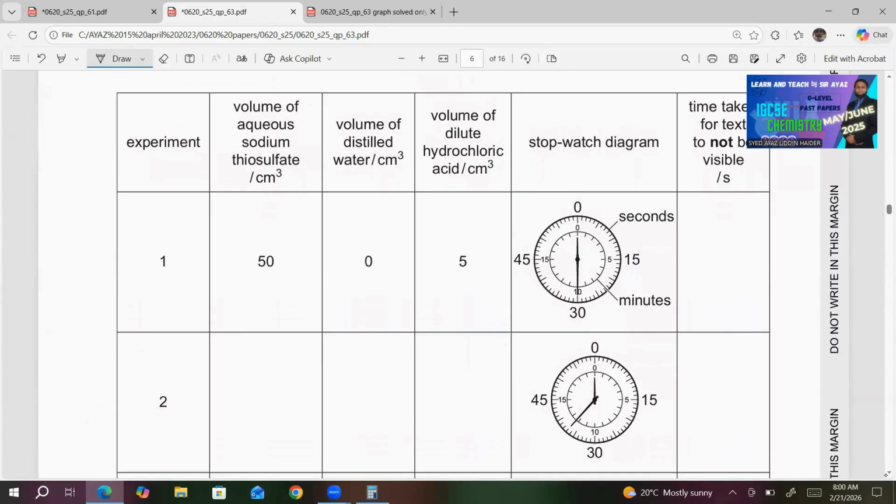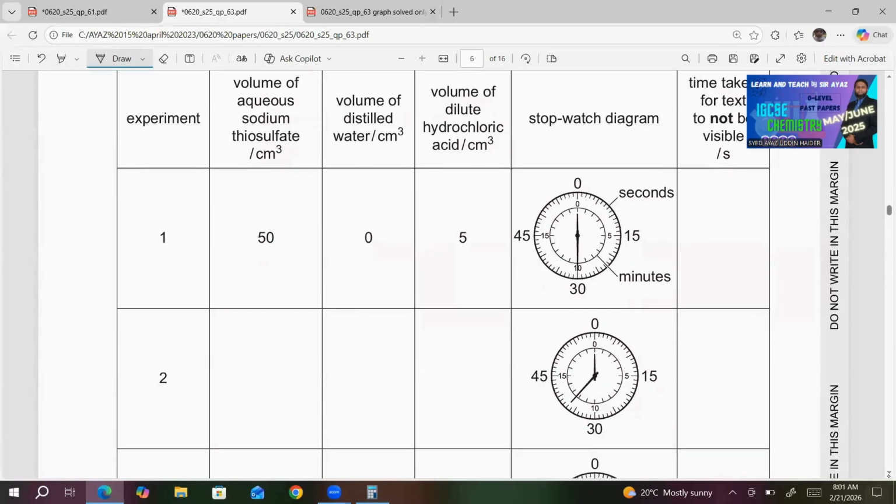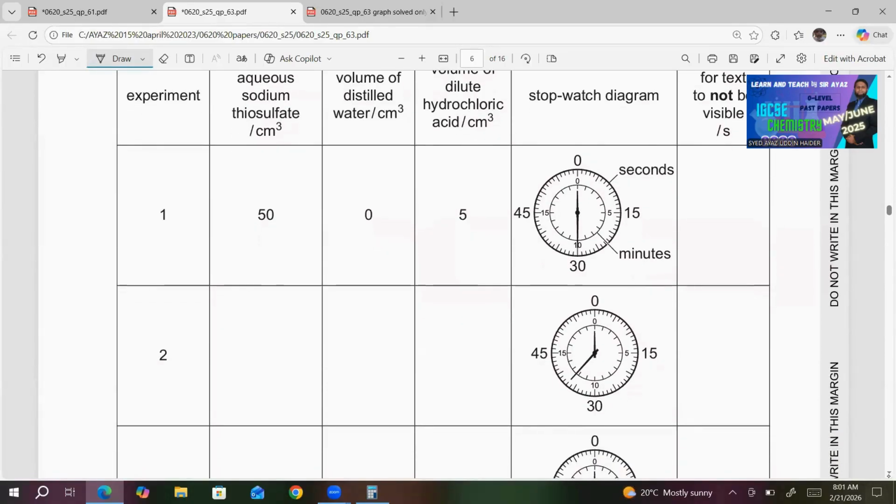So for the volume, we have started with the volume of 50 cm³ sodium thiosulfate, 0 volume of distilled water. In experiment 2, they have used 40 of sodium thiosulfate, then 10 will be the volume of distilled water. What about hydrochloric acid? The volume of hydrochloric acid is constant, that is 5.